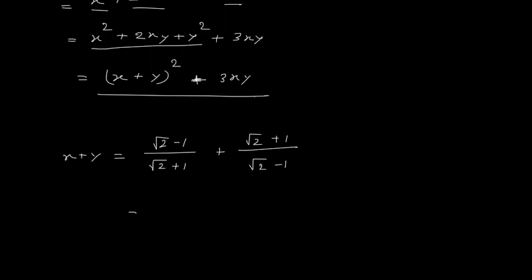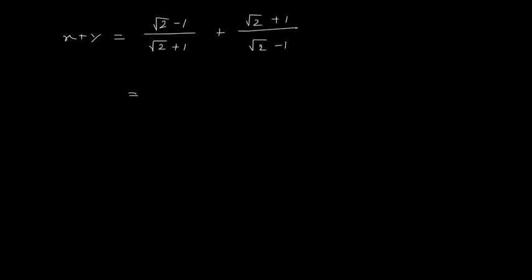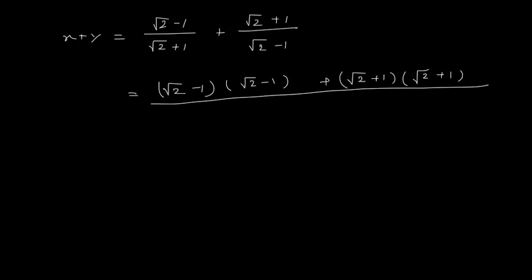Now I will cross multiply. This is root 2 minus 1 into root 2 minus 1 plus root 2 plus 1 into root 2 plus 1, whole divided by root 2 plus 1 into root 2 minus 1.